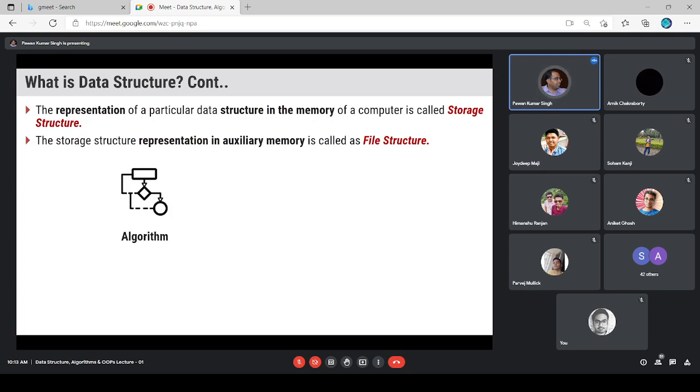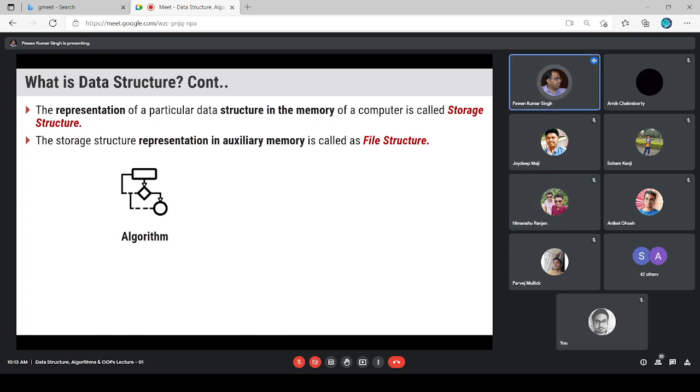Suppose this is an algorithm. What is an algorithm? How would you define an algorithm? Anyone? Sir, an algorithm is a set of rules, not actually, sir, but a set of methods which are required to solve a problem. Yes, very good.